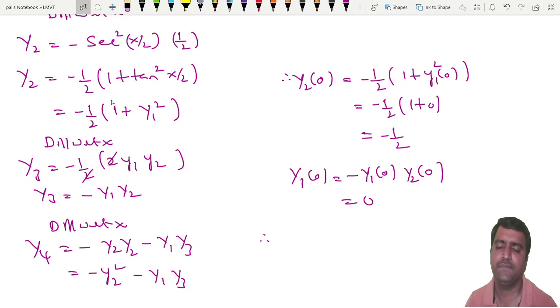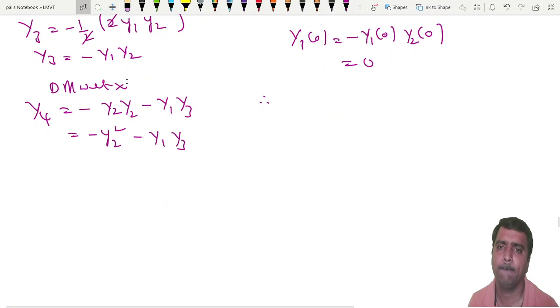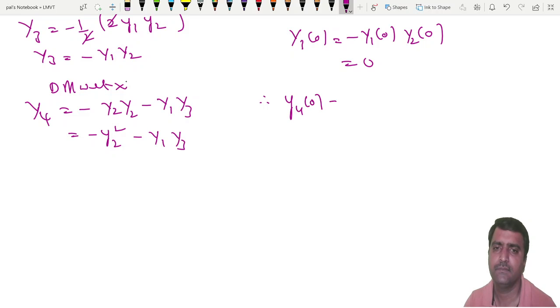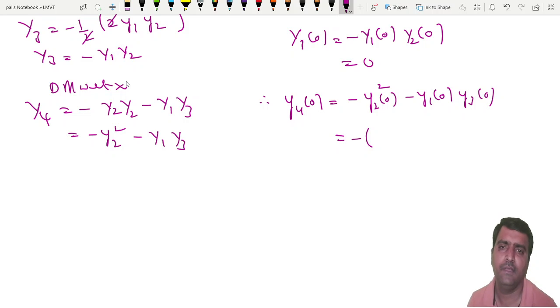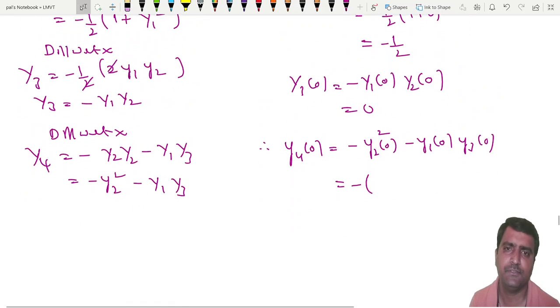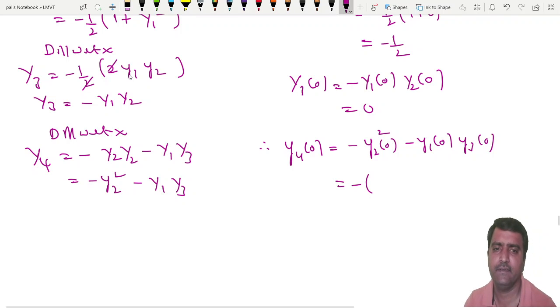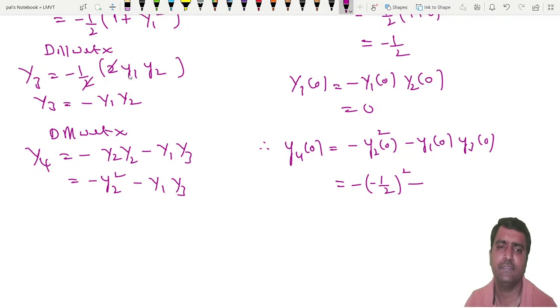Therefore y4 of 0 is equal to minus y2 of 0 square minus y1 of 0 into y3 of 0. y2 of 0 is minus 1 by 2, so it is minus 1 by 2 square, minus y1 of 0, which is 0, so it is simply 0. This is equal to minus 1 by 4.